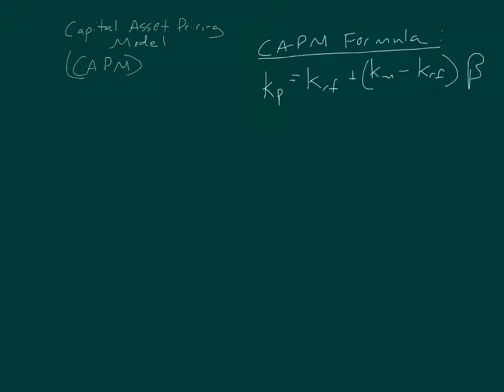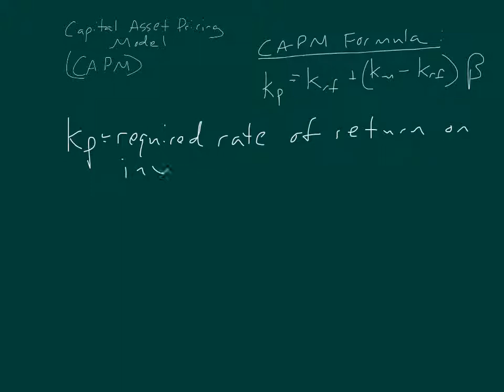And I'm just going to give some definitions here. KP equals the required rate of return on investment.